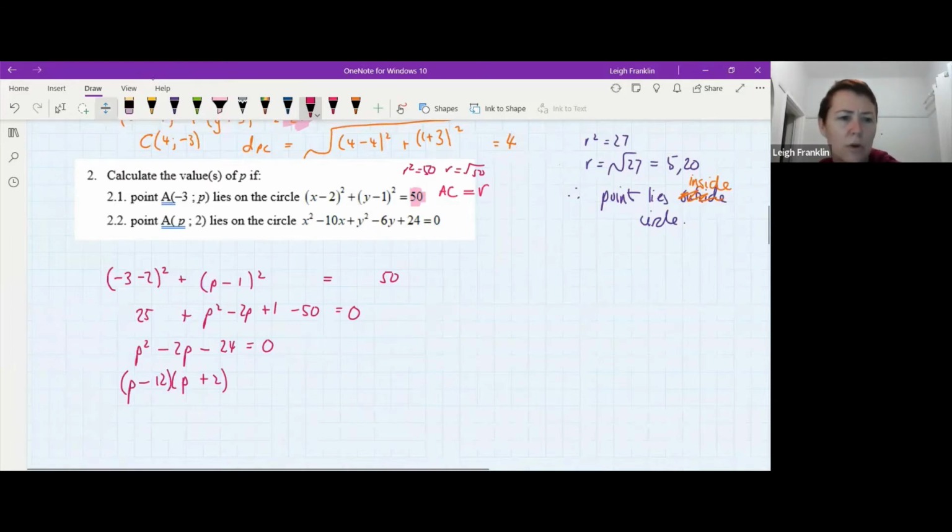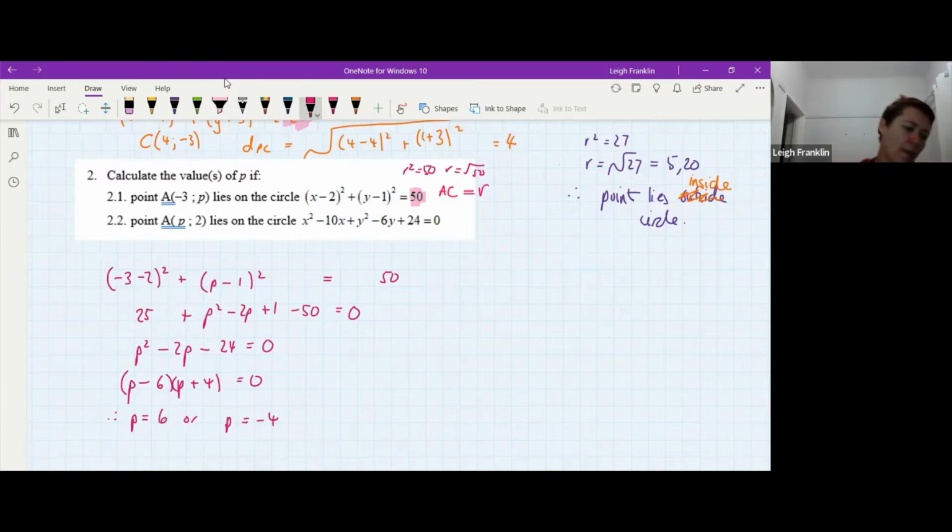No, 10 and 2 is not going to work. 6 and 4. Okay, so p minus 6, p plus 4 equals 0. That's better. So that means that either p is equal to 6 or p is equal to negative 4. Okay, does that make sense to everybody?